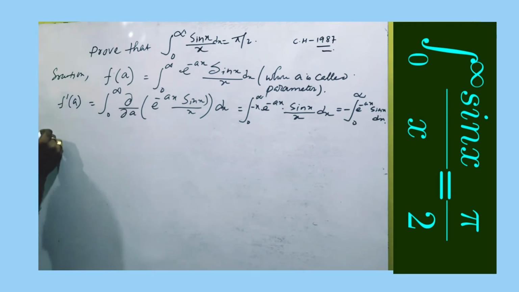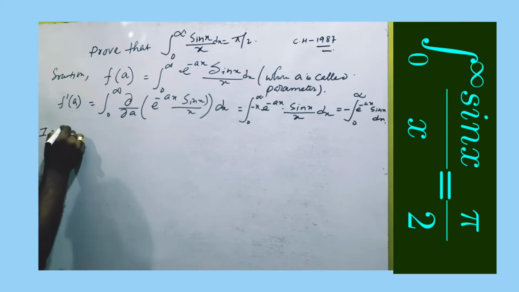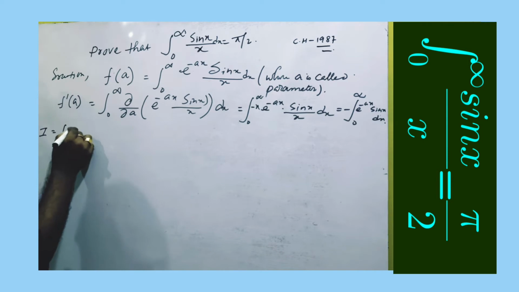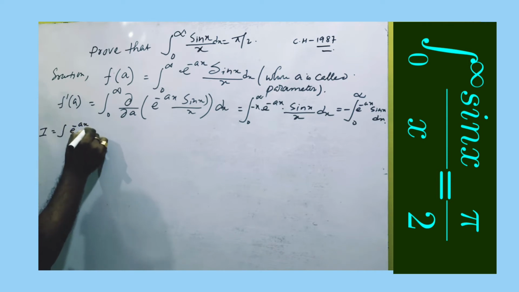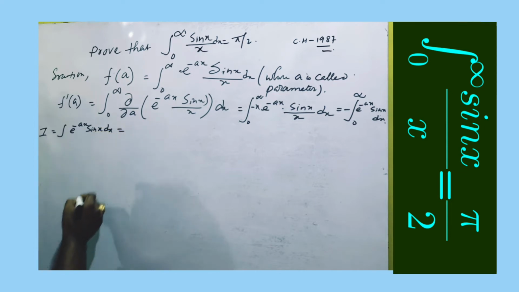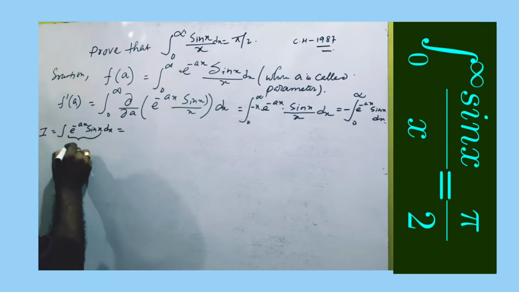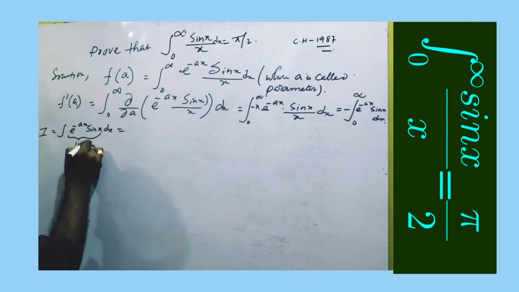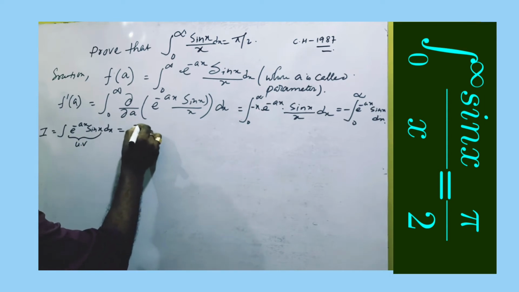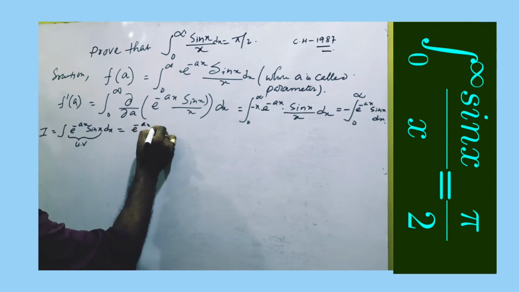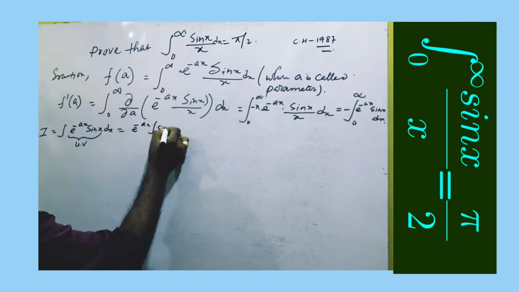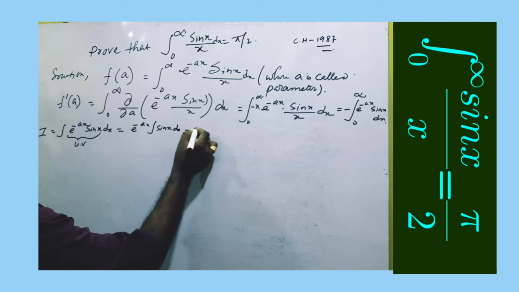now I evaluate this value with the help of an indefinite integral. Let me assume that I is equal to integral of e to the power minus ax sin x dx, and this is here u into v. Let us assume this is u into v, so this is e to the power minus ax, integrating sin x dx.